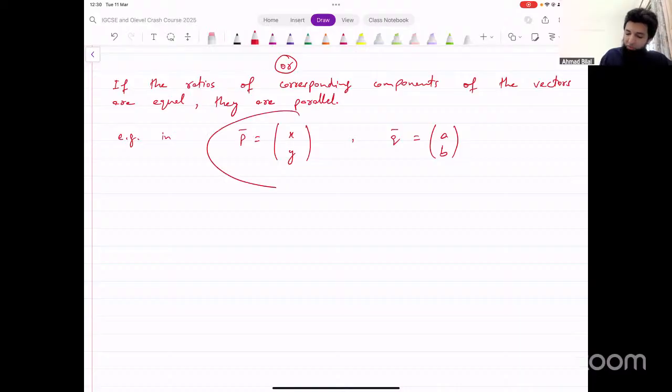So for example, in these two vectors, if x over a, dividing corresponding components, equals y over b, then that means these vectors are parallel.